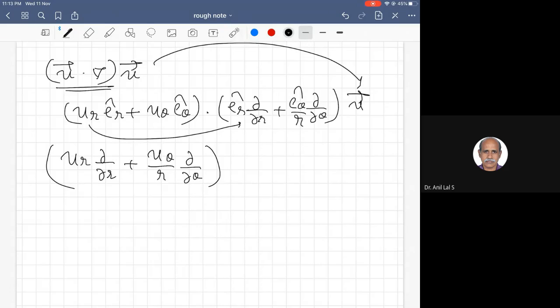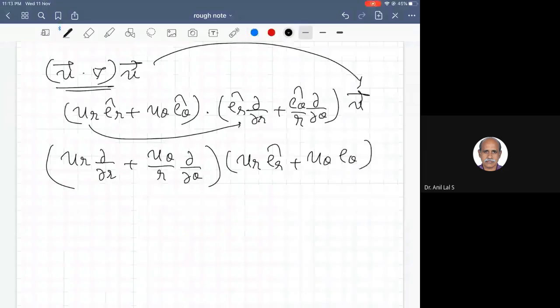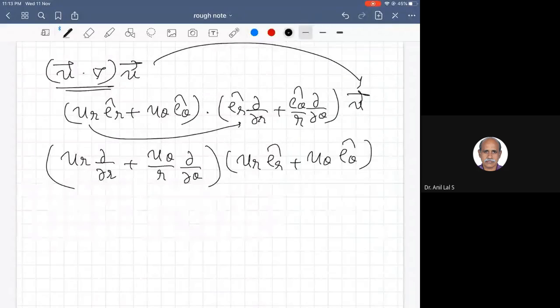This U you can write as U R E R plus U theta E theta. And if you look at the differentiation with respect to UR dou by dou R, the differentiation on ER and E theta are zeros.